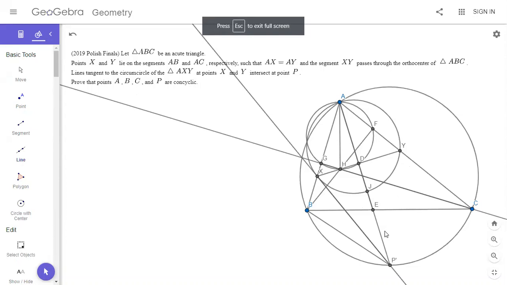Is it obvious that CH and P prime X concur on the circle?